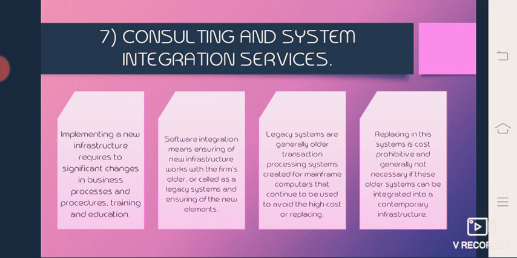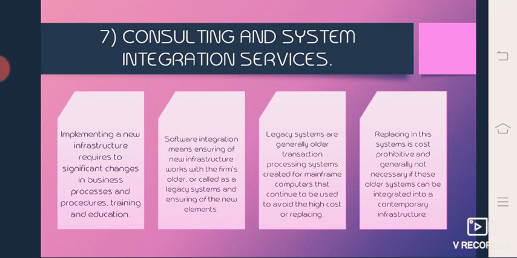Seven, consulting and system integration services. First, implementing a new infrastructure requires significant changes in business processes and procedures, training, and education. Software integration means ensuring the new infrastructure works with the firm's older systems, called legacy systems, and ensuring the new elements work with each other.